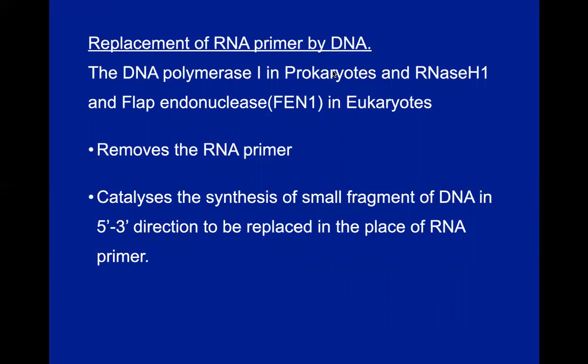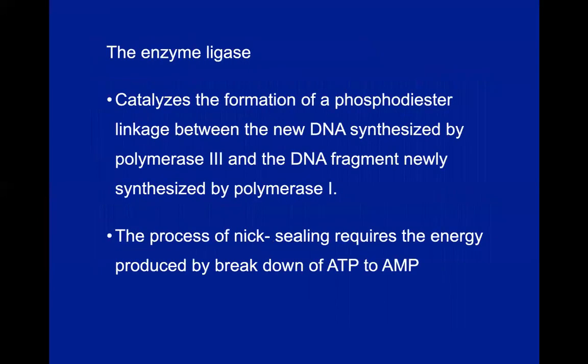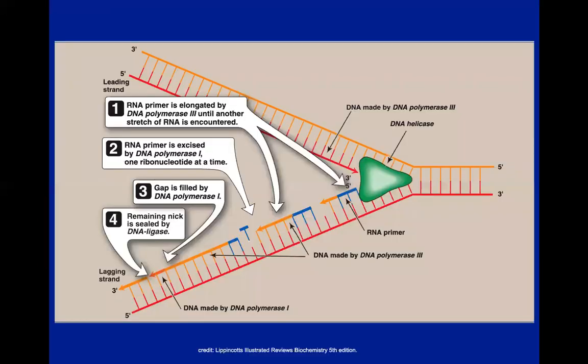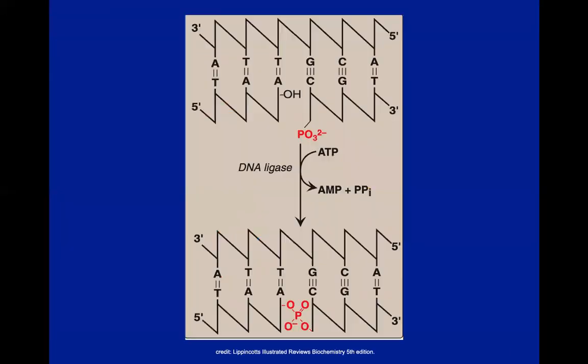So it catalyzes the synthesis of a small fragment of DNA in the 5' to 3' direction to be placed in the place of the RNA primer. And ligase forms the phosphodiester bond. You can see here, the RNA primer is removed and DNA added. This is the phosphodiester bond formation, between the 3' hydroxyl group and alpha phosphate. So this is resealed. This is done by the ligase enzyme.